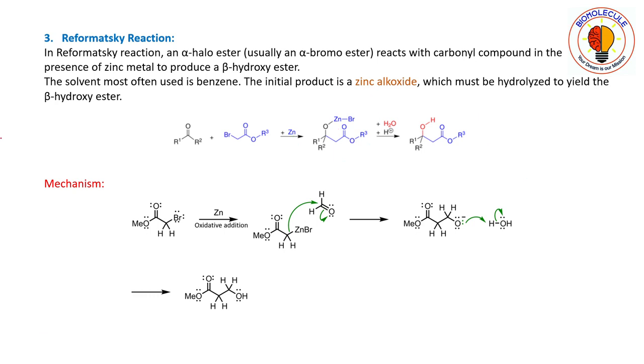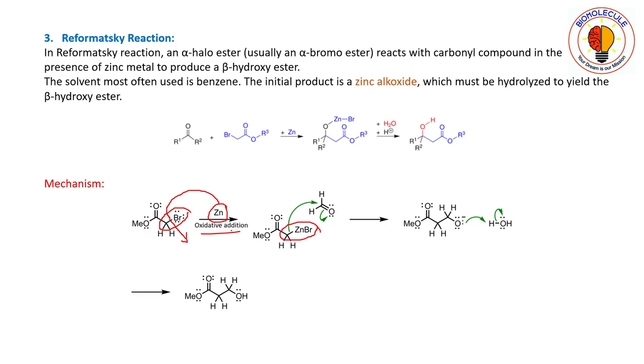So now we look into the mechanism. Here zinc will undergo oxidative addition. Okay, so what it will do is zinc will add over this carbon bromine bond. See over here, this carbon bromine bond, zinc is added in between carbon and bromine.